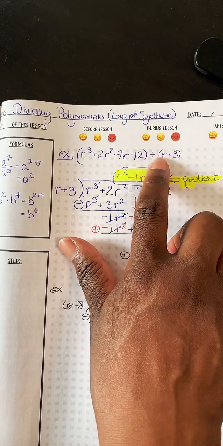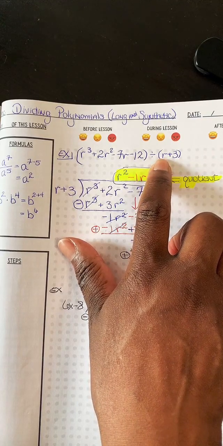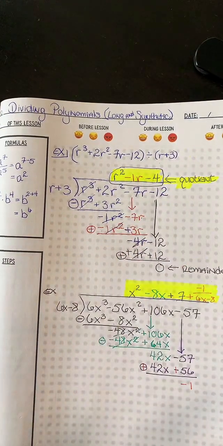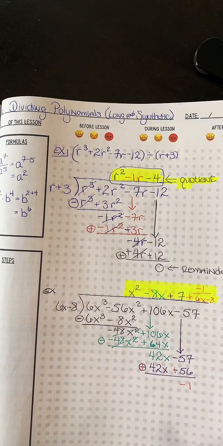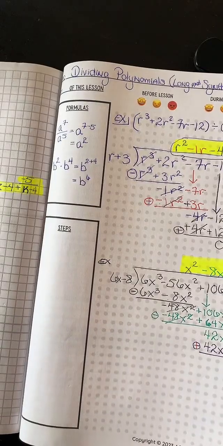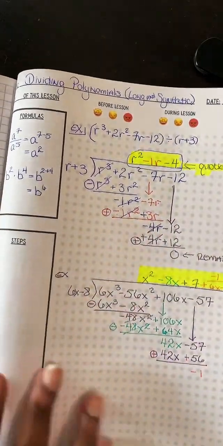The leading coefficient of that divisor has to equal 1. That's the only time you can do synthetic division. But I will show you with the next one that it doesn't matter if the divisor is positive, negative, if there's a number in front, and so forth. But I'm going to use this first one that we did, and I'm going to show you through synthetic.